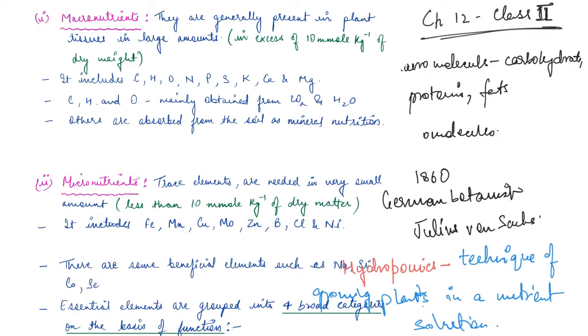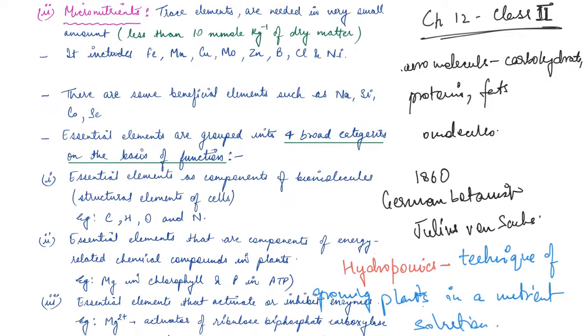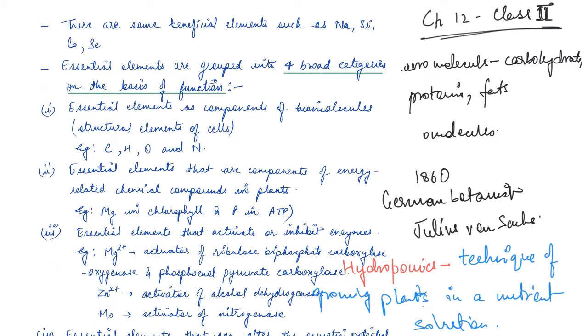So in addition to these 17 essential elements, there are some other beneficial elements like sodium, silicon, cobalt, selenium, right? So these are not required for all the plants, but these are required for higher plants, right?